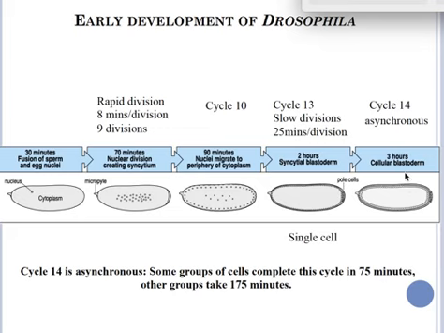By this stage all the nuclei will be surrounded by cell membranes. This defines the cellular blastoderm stage, or cycle 14, which is asynchronous. Some groups of cells complete this cycle a bit earlier than others, but about 3 hours after fertilization, all the nuclei will be surrounded by their own cell membranes.